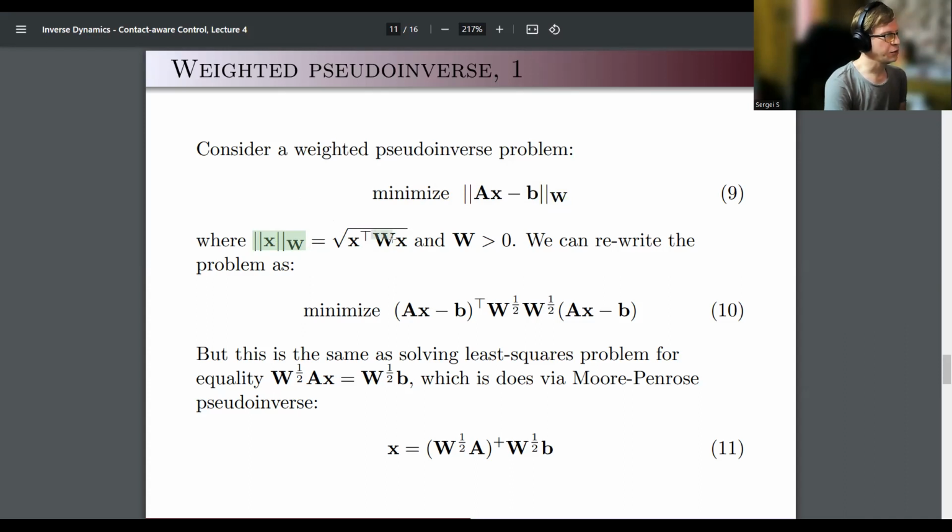This matrix can be, for example, diagonal, and if it is diagonal, each element of the diagonal determines the weight of that component of x.